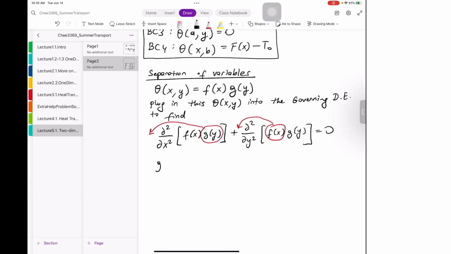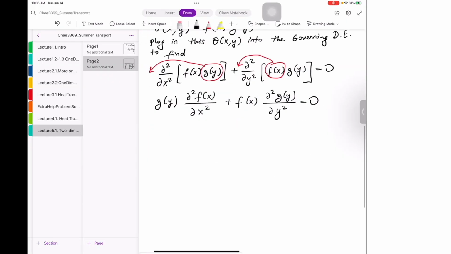So you get g of y del square f of x over del x squared plus f of x del square g of y over del y squared is equal to 0. Right?